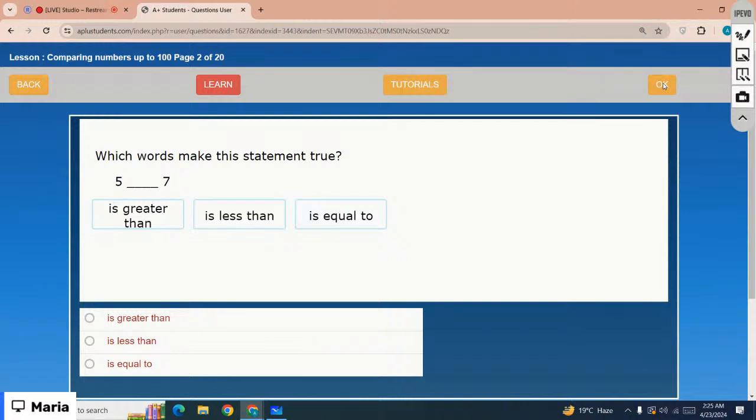Which words make the statement true? 5 and 7, which is the correct option?